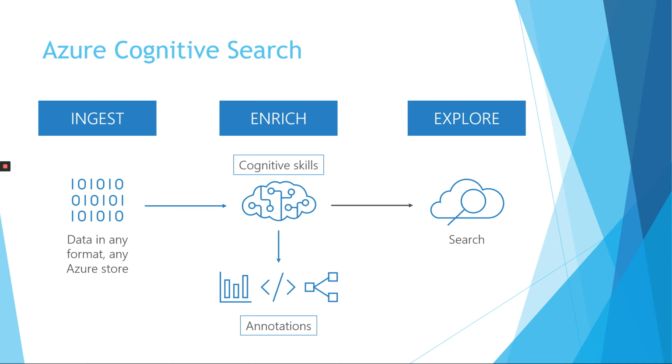Custom skills can also be built, which allows extending the cognitive search capability by calling out to a web API endpoint. In this video, we will demonstrate two custom skills that we've built. One is the content moderation custom skill, and the other is the document translation custom skill. Both of these are Azure functions, which use the Azure Cognitive Services web API.